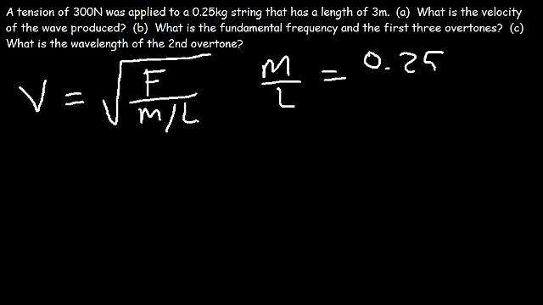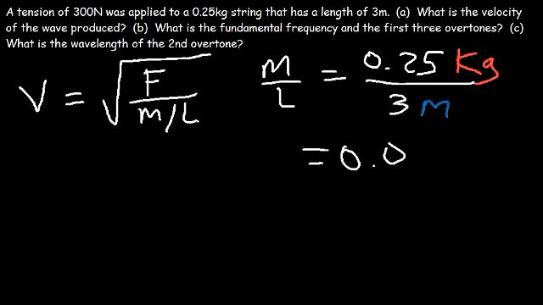So the mass of the string is 0.25 kilograms, and it's 3 meters long. So the linear density is 0.083 repeated kilograms per meter.